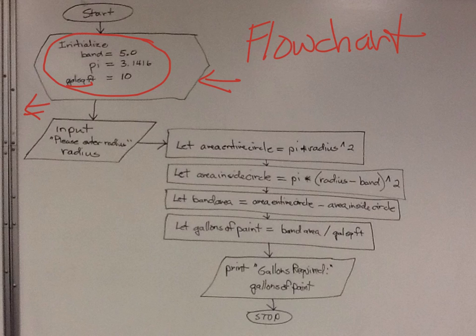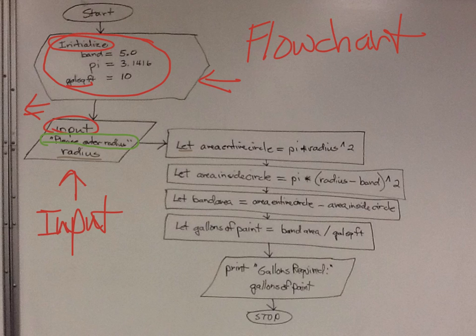Arrows should be connecting the boxes. Input box. I have an action word, input, please enter radius. I have that in quotes, so that'd be just a string. It would just print that information out. And then here's the variable. Then we move over here. The arrows touching boxes flow to the right and down, primarily.